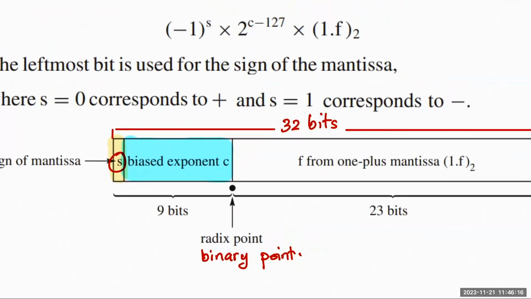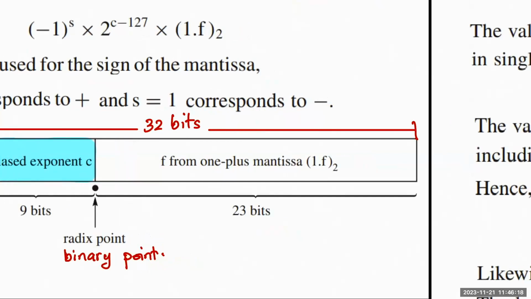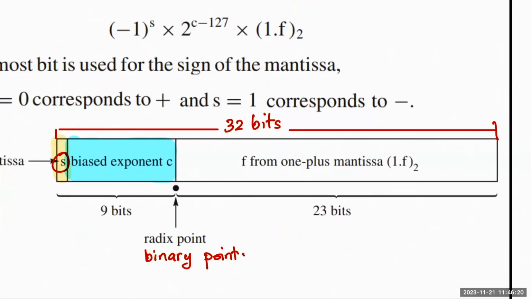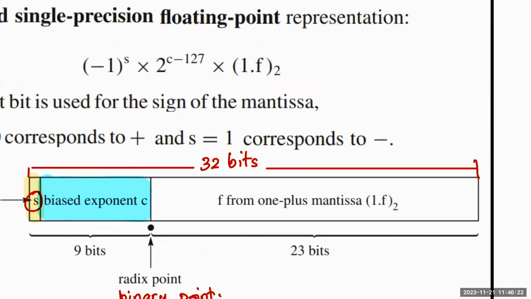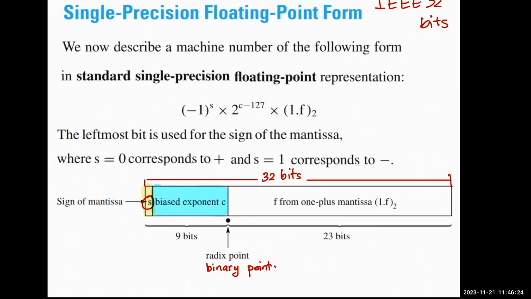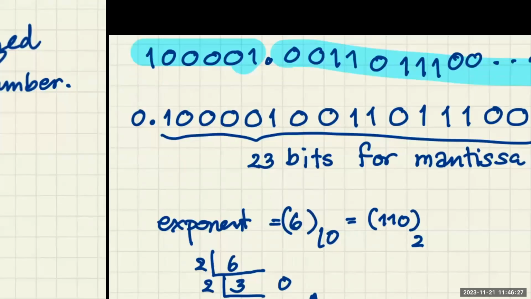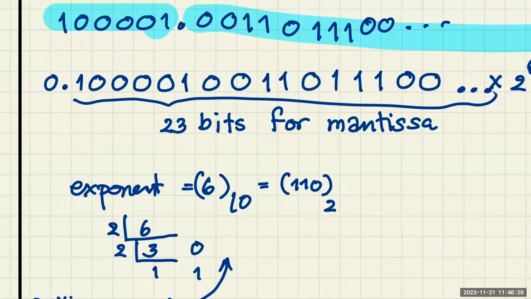Now, you know that whenever we have the normalized form, we always know that the first bit is 1, because we move to the left until the first bit after the binary point is 1, not 0. Okay?